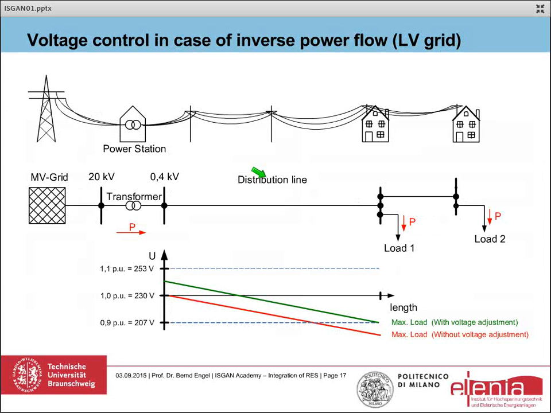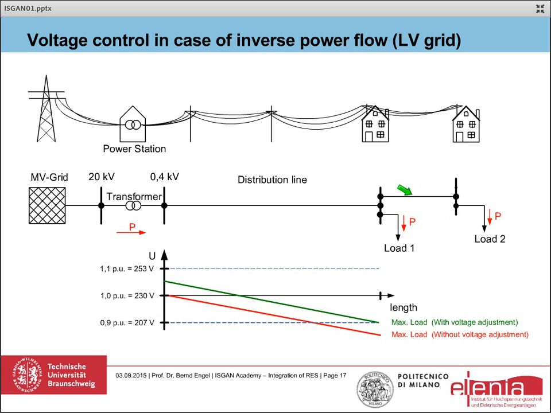I'm coming to the voltage control in case of inverse power flow, especially in the low voltage grid. In the past, we always had a power flow from the medium voltage via the transformer in the power station and the distribution line to the loads.